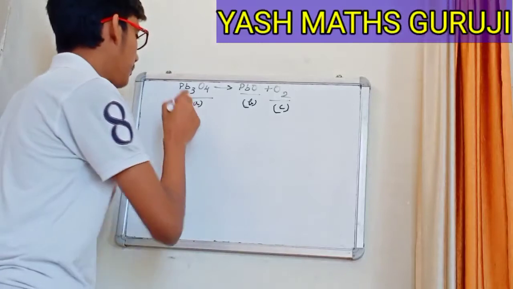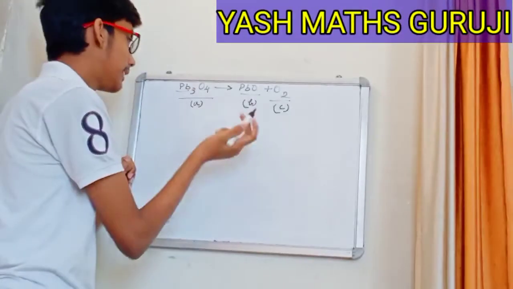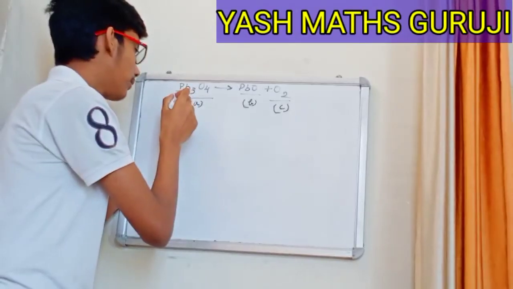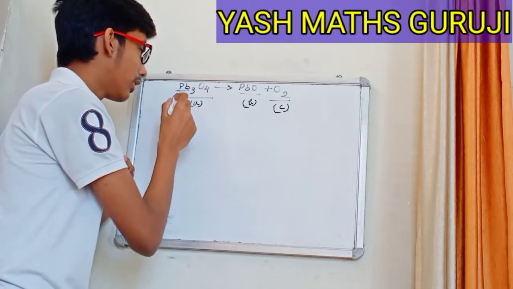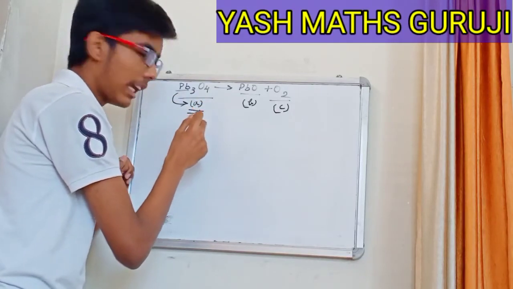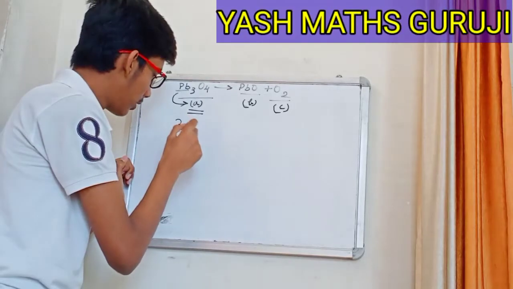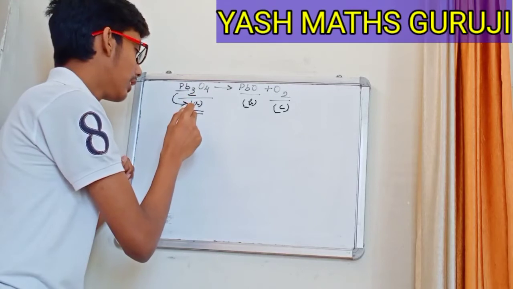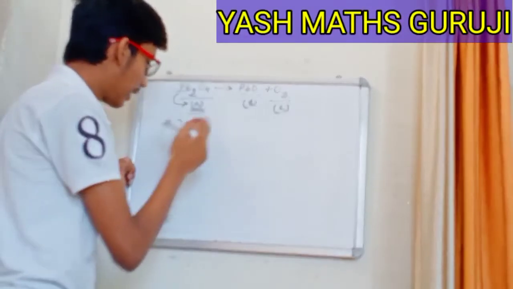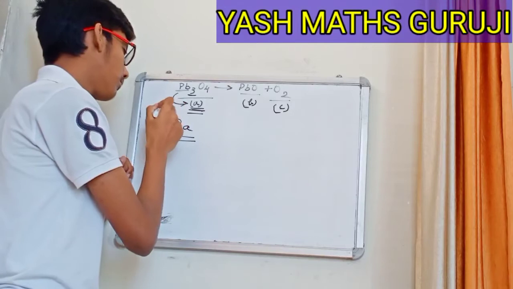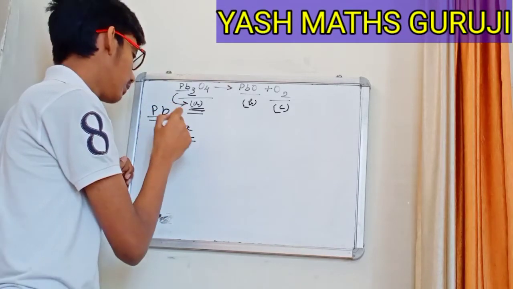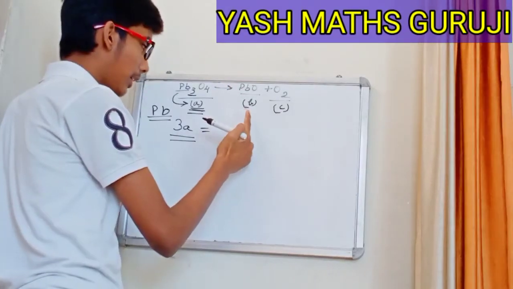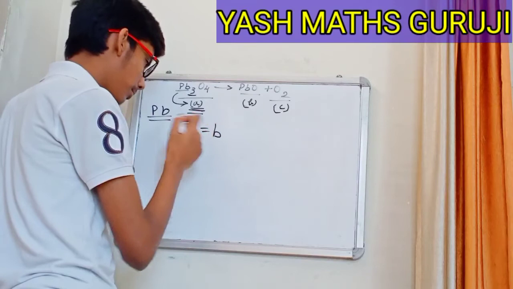For example, Pb, that is lead. On the left hand side, how many lead are there? 3. So what name have we given to Pb3O4? A. So we will write 3A because lead has 3 and we have named this as A. So here on the left hand side 3A for Pb, and on the right hand side how many Pb are there? 1, and we have named it as B, so we will put B here.